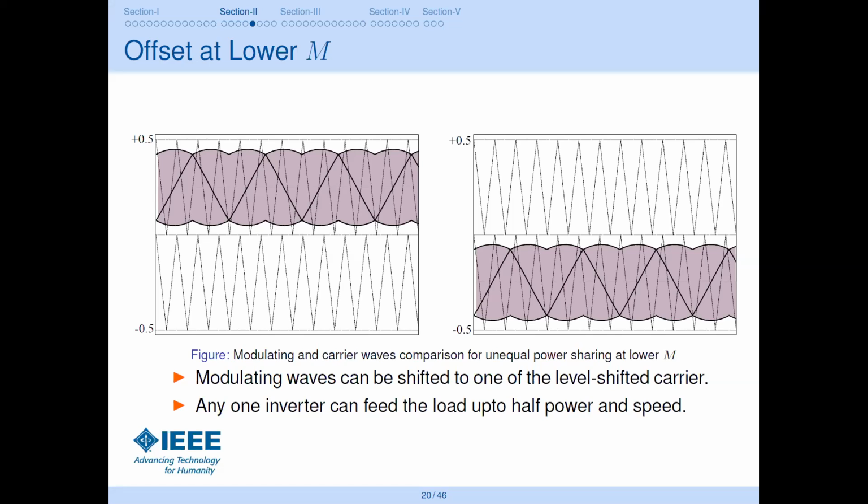When the modulating wave is shifted to one of the triangle carriers, the other inverter will naturally be making zero vectors. Either all the top devices will be on, or all the bottom devices will be on. This provides a start point bilaterally. So this gives you the capability of operating 2-level operation at half the modulation index, or in other words, at half the power or half the speed.